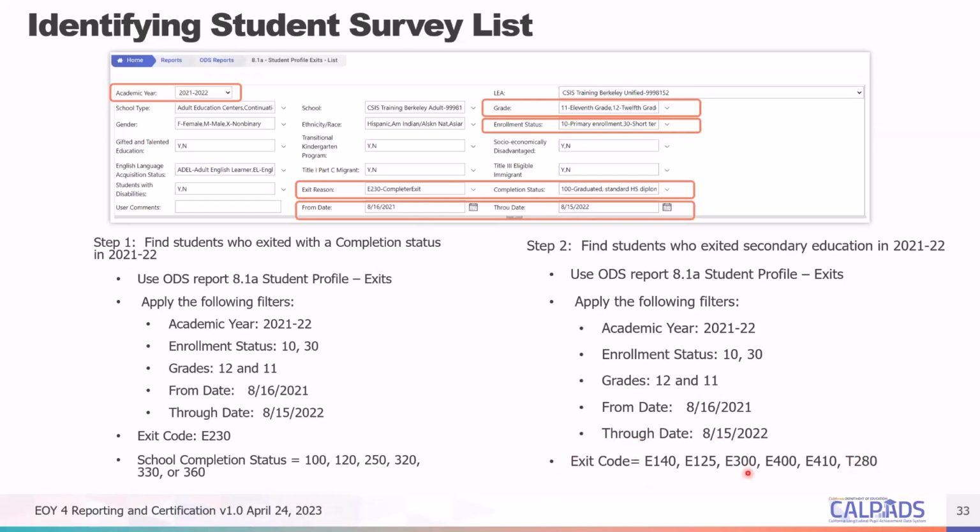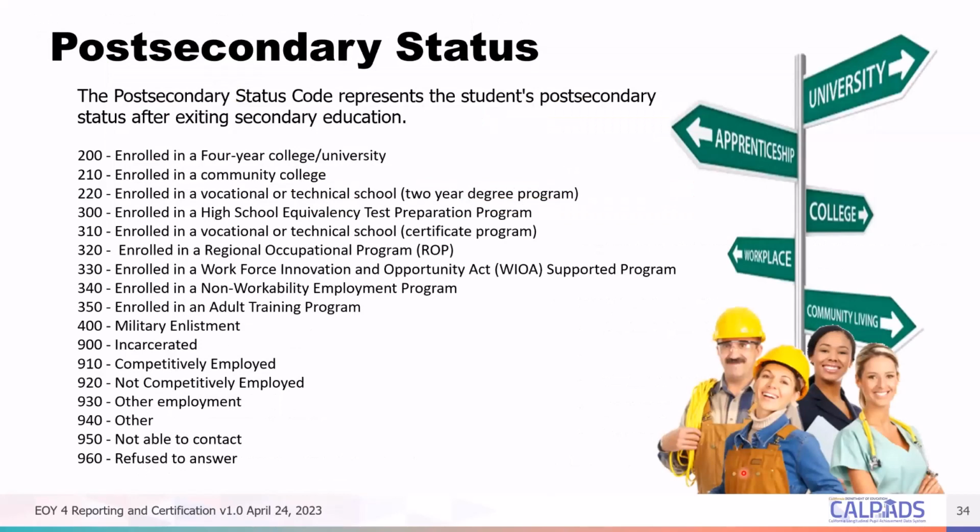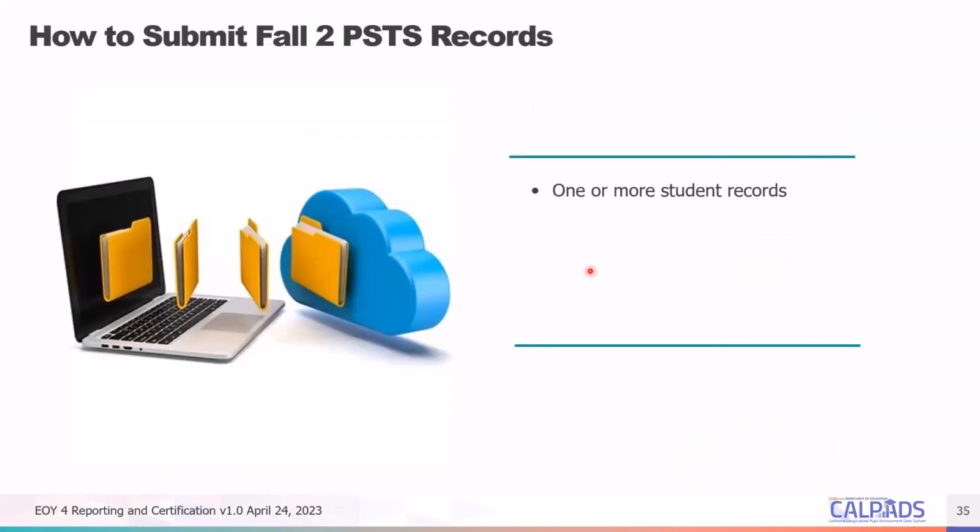Once you have the list, you could then survey them, and these are the expected status codes that we'll be getting, or at least they will be picking from your survey. These are the ones that we expect you to submit as part of the PSTS file in CalPADS. So the PSTS is for end of year, and it will come from your SEDS vendor.